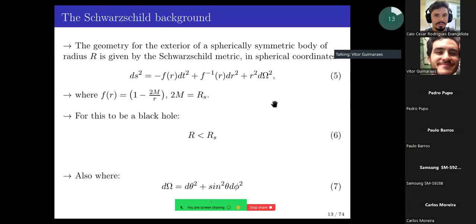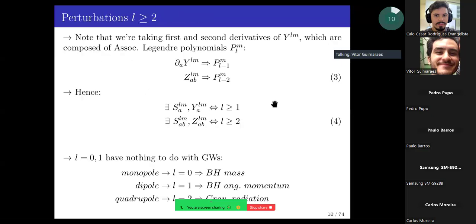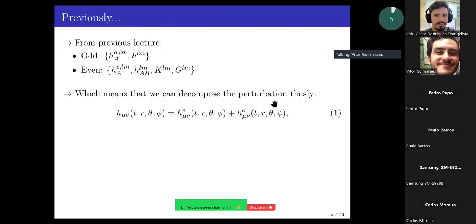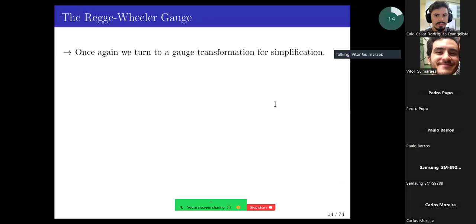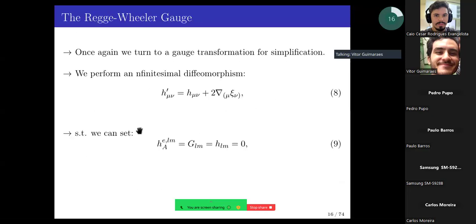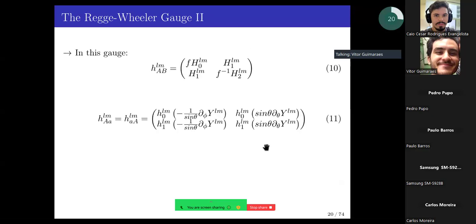I didn't say it right before, but the Regge-Wheeler gauge is the full gauge. Here we used all the gauge freedom we had, so there is no more help coming. All the degrees of freedom here are physical in some way.